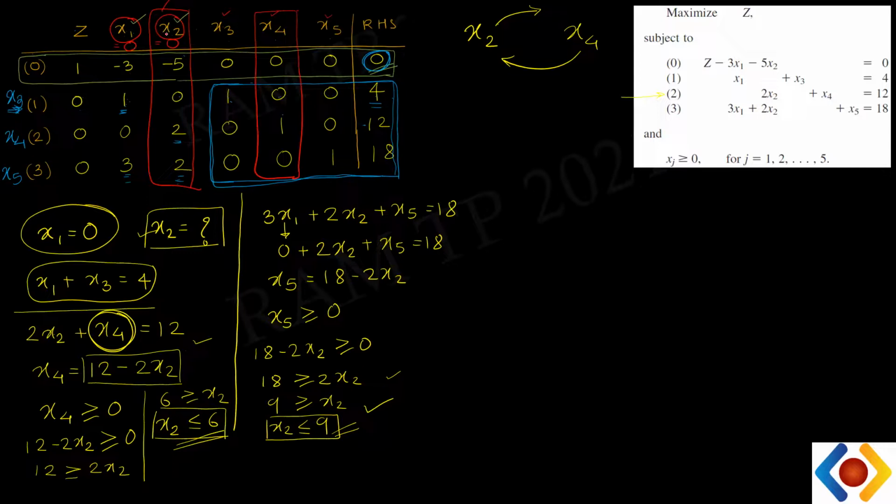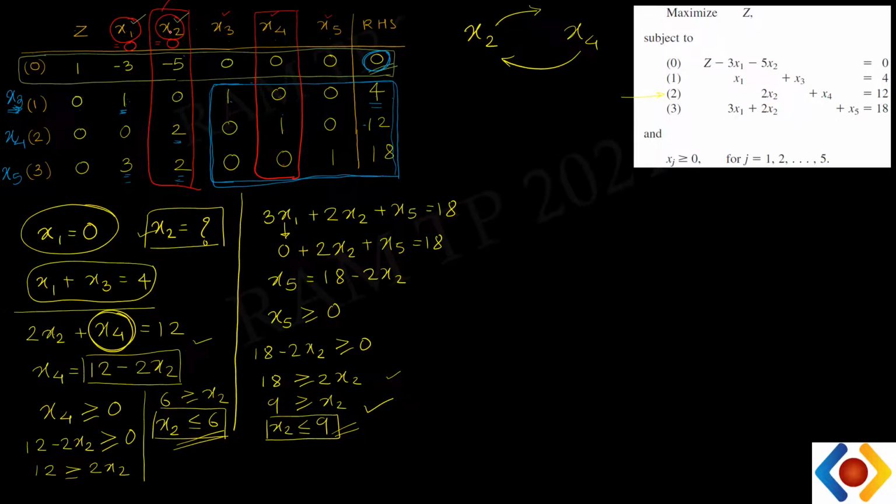Now, if I'm getting x2 into this system of equations, into these basic variables, if the coefficients of x2 are 0, 0, 1, 0, then whatever is the right hand side, that will give me the answer directly. Do you understand what I'm trying to say?